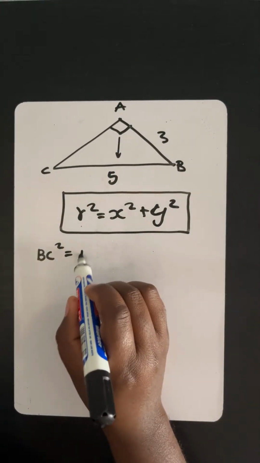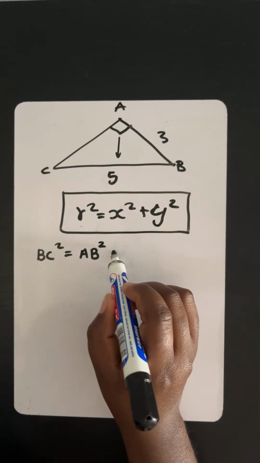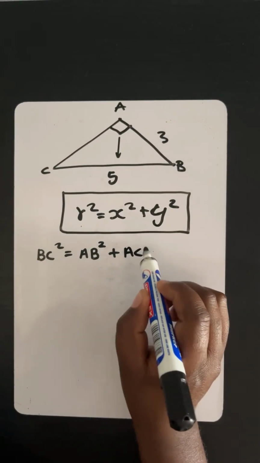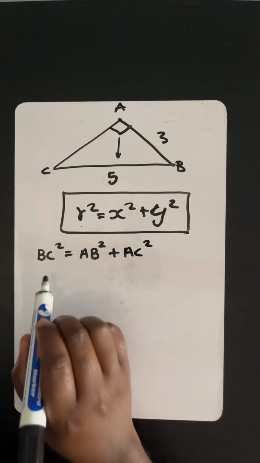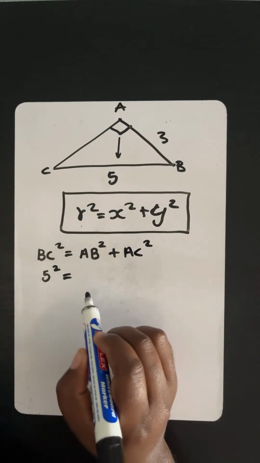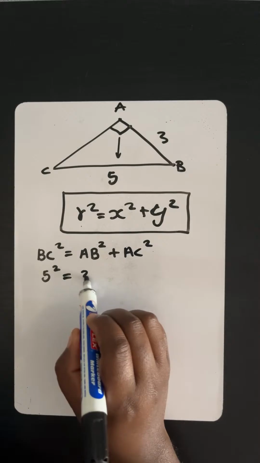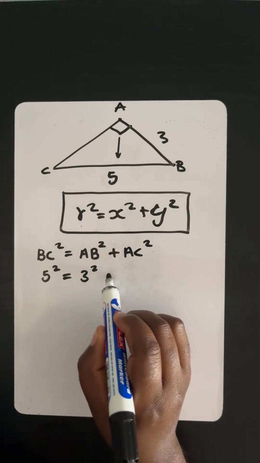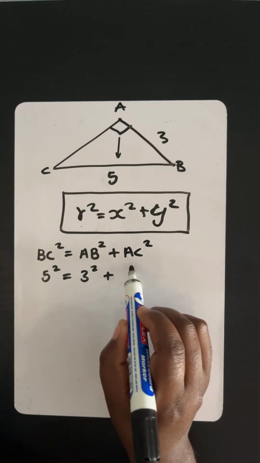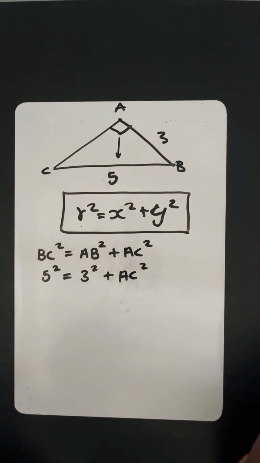So let me just say AB squared plus AC squared. Then now I'm going to substitute: my BC, the r side, is 5, then you have squared. AB is 3, then you have squared, plus AC. So it looks like side AC is the one that we are looking for.